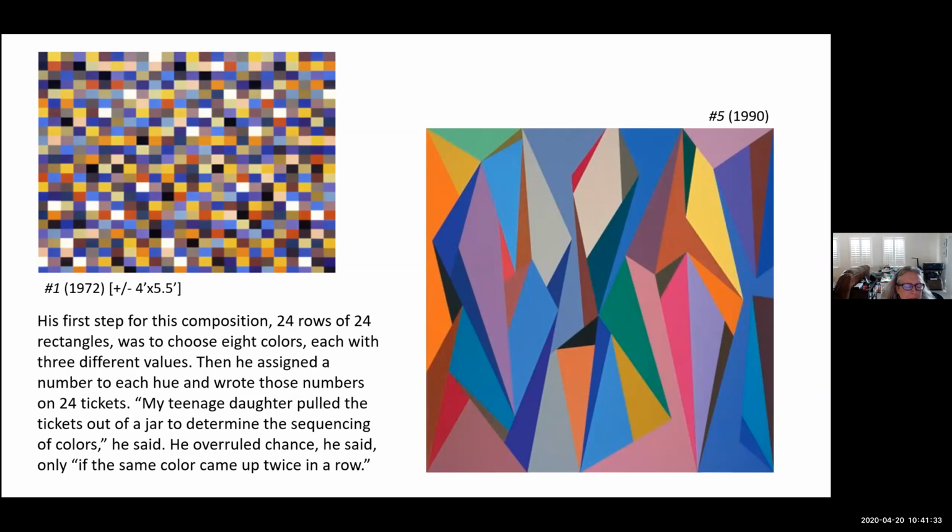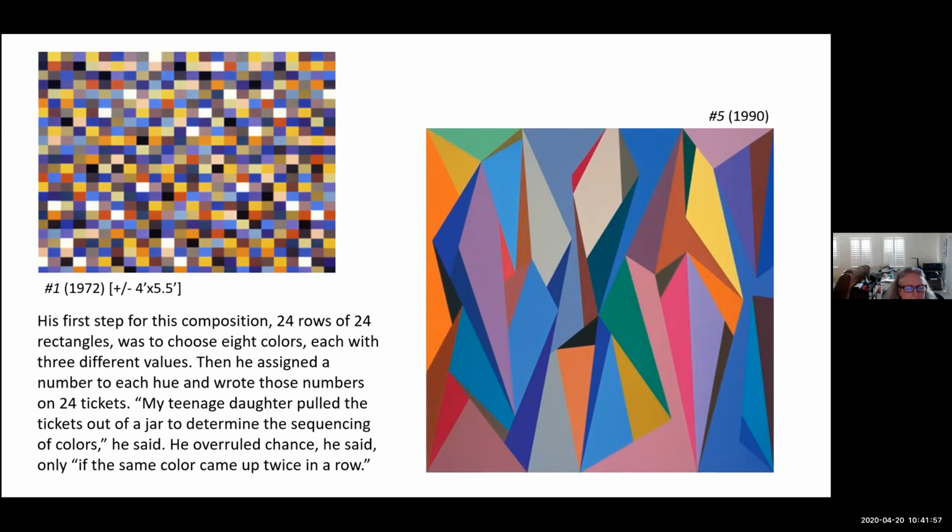And so he put slips of paper with 1 through 24 into a jar, and he had his daughter pull one out. So she would pull out 5. And 5 is maybe, it's hard to tell from this, a dark green color. And maybe 2 is this yellow color next to it. So depending on what number she pulled out is what color he put down.